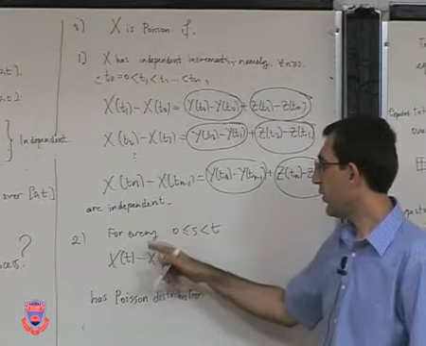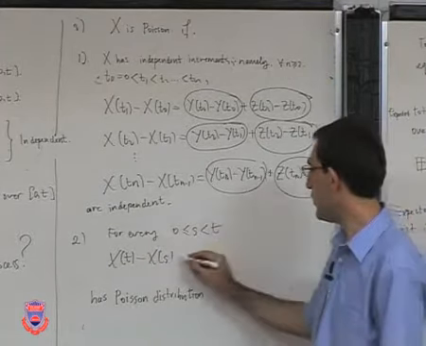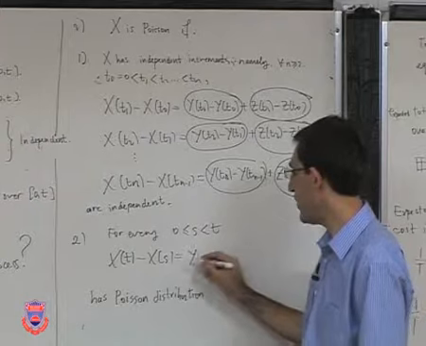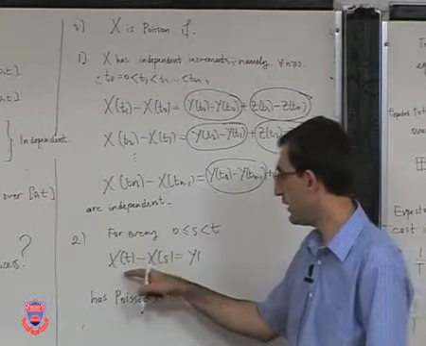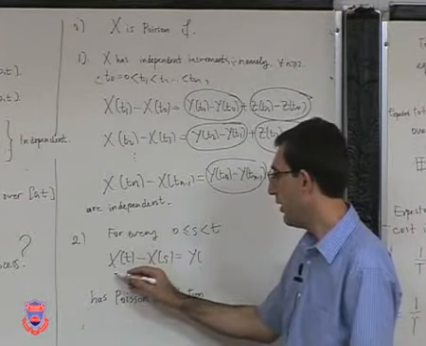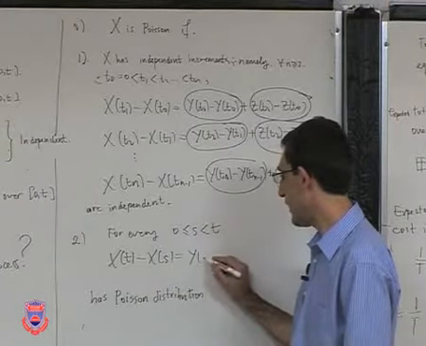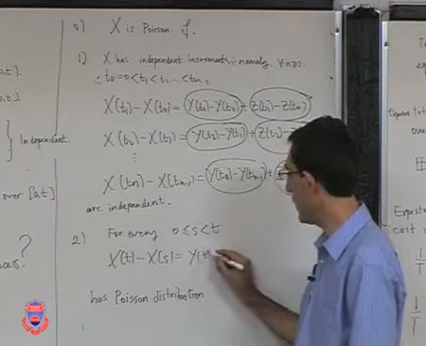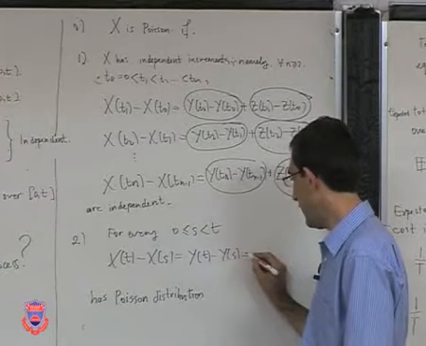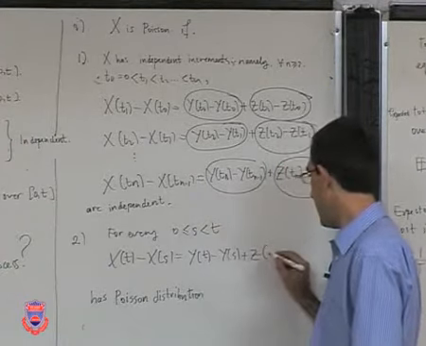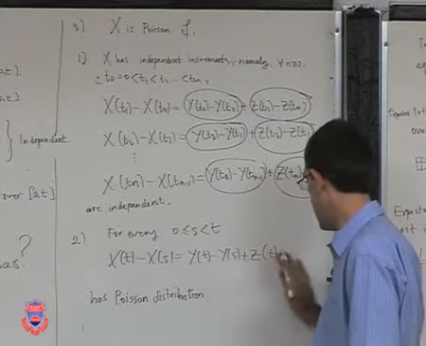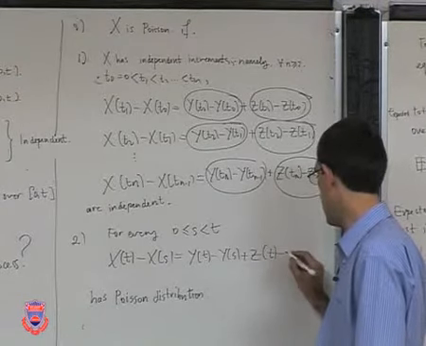On the other hand, if you use the same decomposition, the increment of process x over the interval from s to t is the sum of the increment of process y over the same interval from s to t and the increment of process z over the same interval from s to t.